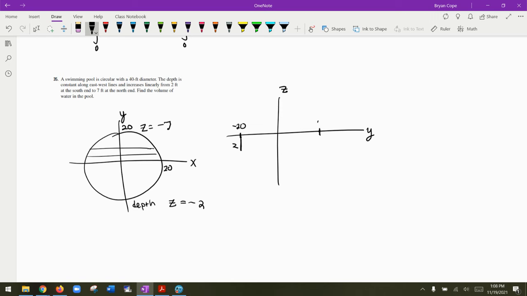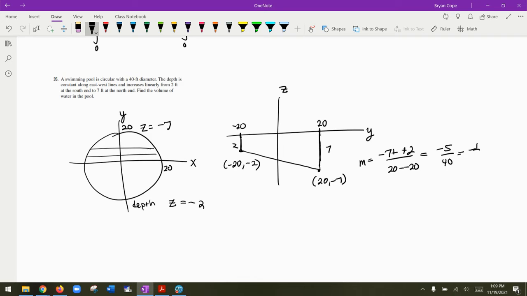But at a distance of 20 this way, we're at a depth of 7. So the pool looks like that. This point here would be the point 20, -7, and this is the point -20, -2. So the slope is -7 minus -2 over 20 minus -20, which is -5 over 40, or -1/8.